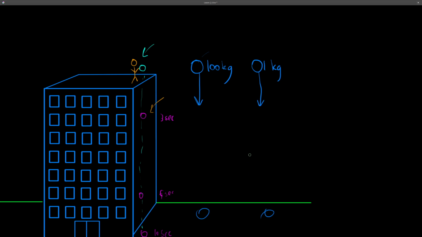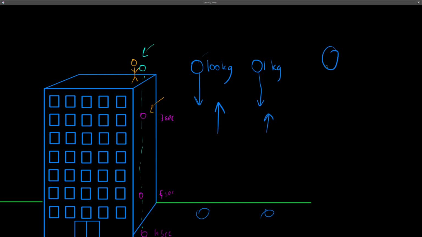So why is that? The answer is because gravity doesn't care about the weight. It doesn't care about how heavy an object is. It only cares about whether it is in the air and there are no forces acting against it.